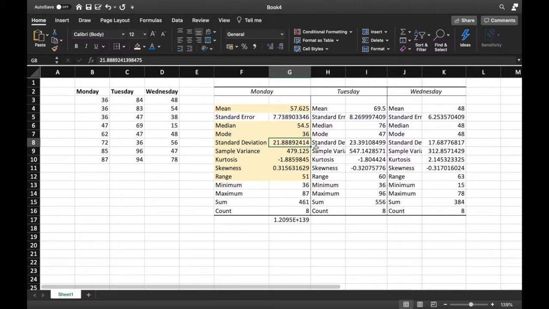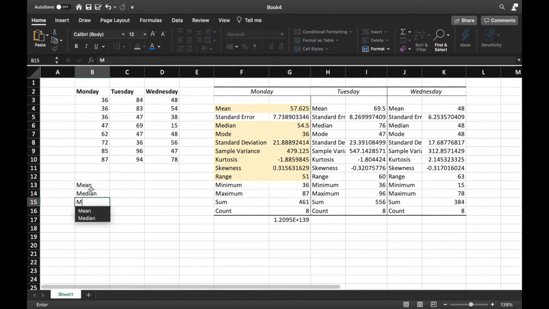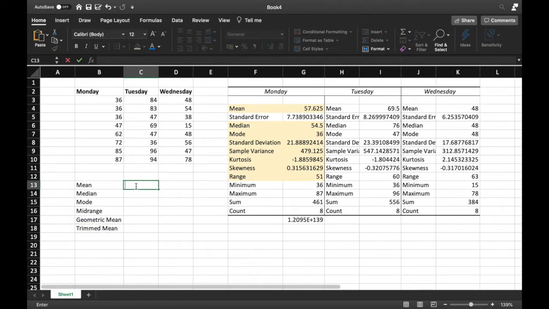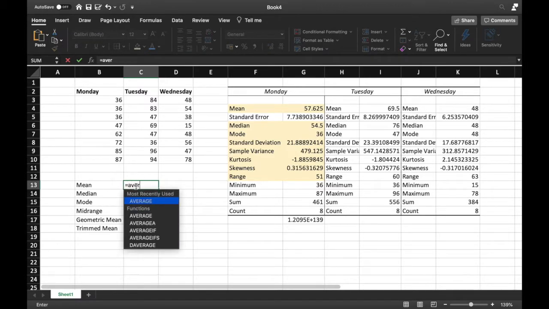Okay, so there are other ways also on how to measure the center. We already know mean, median, mode. We also have the mid-range, geometric mean, and the trimmed mean. So if you don't have the data analysis tool here, you may opt to solve for the measures of center manually using the Excel formulas. So for the mean, you can simply type in average because it is the same.